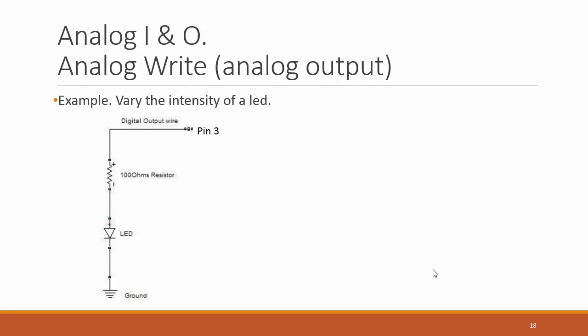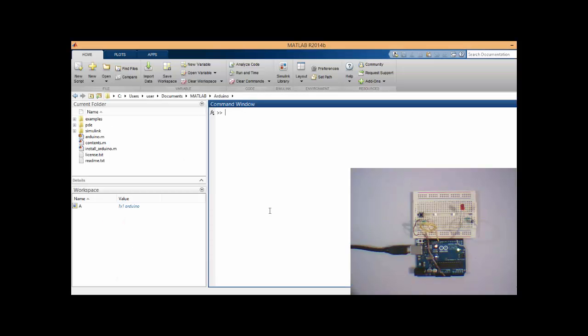This is the electrical connection to write the value of the digital pin 3 to vary the intensity of a LED. Pay attention to the LED.